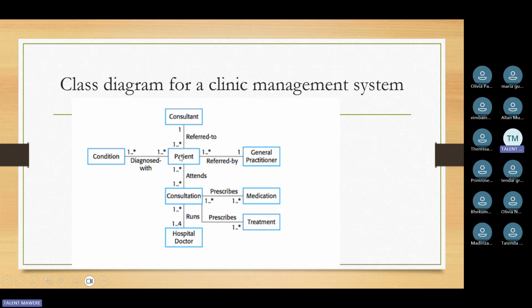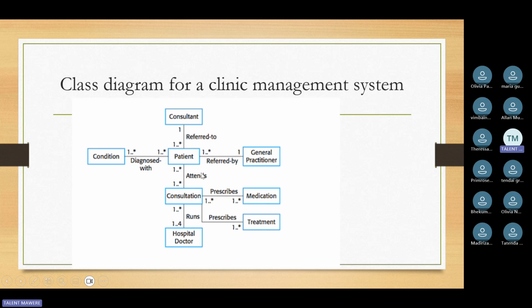We are saying that there is an association between a patient and a consultant. Patients are referred to a consultant, usually by general practitioners. A general practitioner will refer a patient to a consultant because this patient has a particular condition, they're diagnosed with a condition.